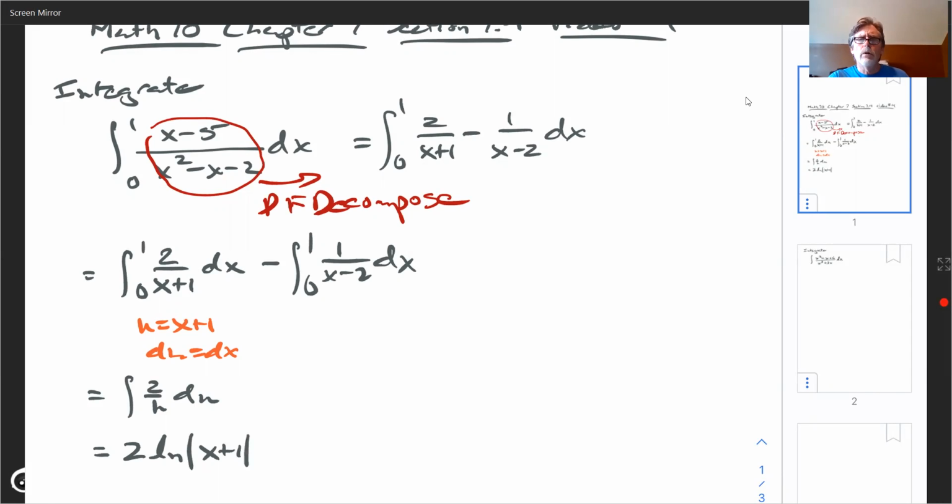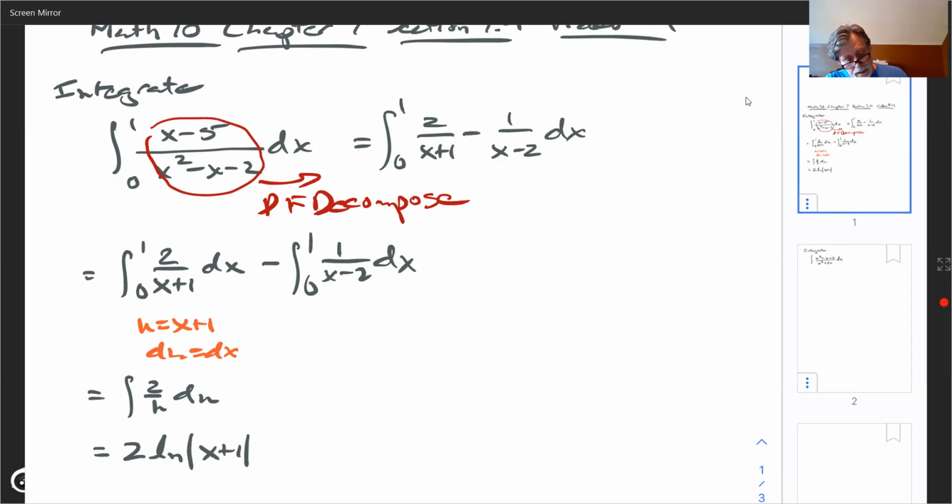Too fast? Rewind. Look at it again. Yeah, so it's a simple u substitution. If there's like a 2x plus 1 or a 5x plus 1, you're going to end up with a 1/2 or a 1/5. So it behooves you to not get lazy on it. You want to be precise in math and on into engineering and all that stuff. So be careful. The second one is very similar.